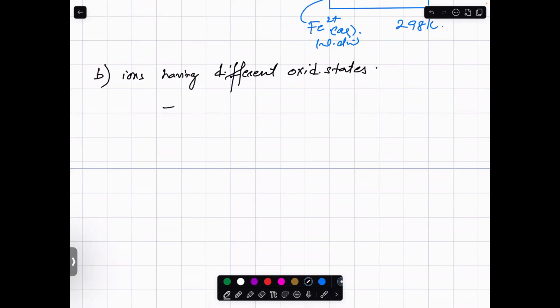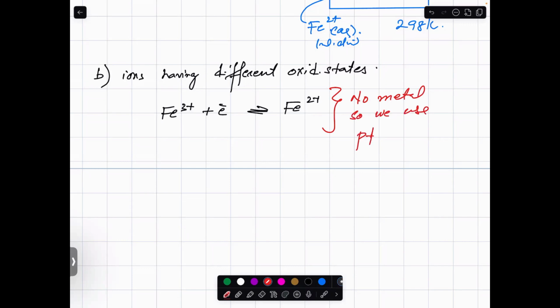For example, Fe3+ gain electron, Fe2+. There is no metal, so we use a platinum electrode. Why platinum? If there is no metal, you will use platinum or even graphite.